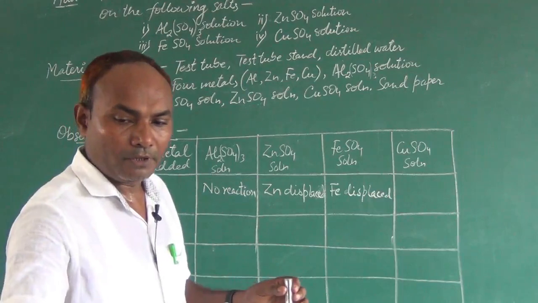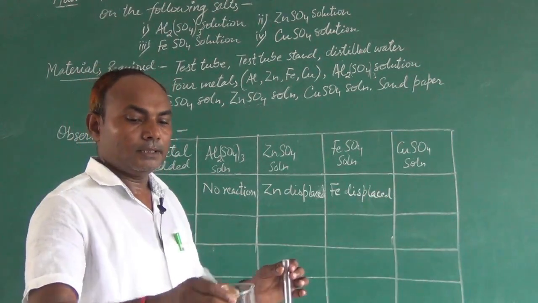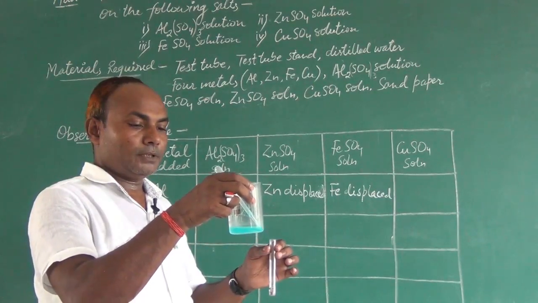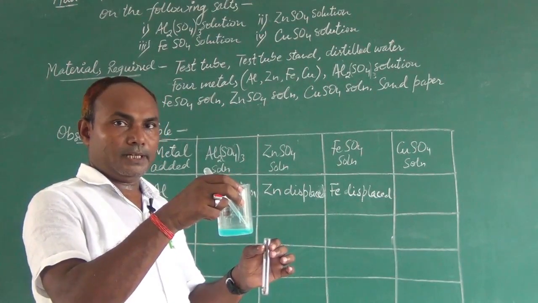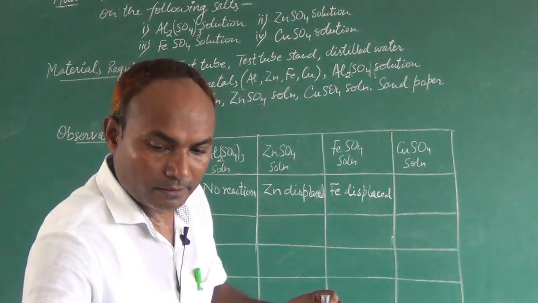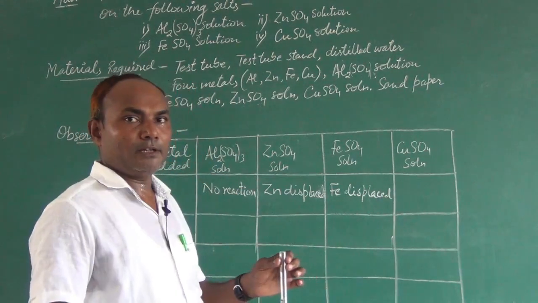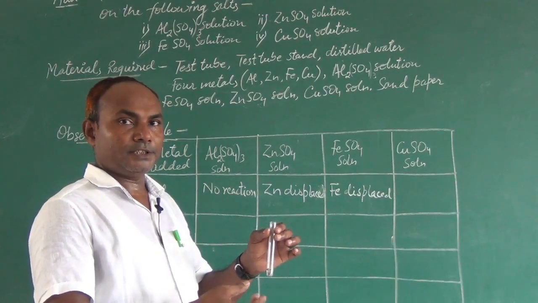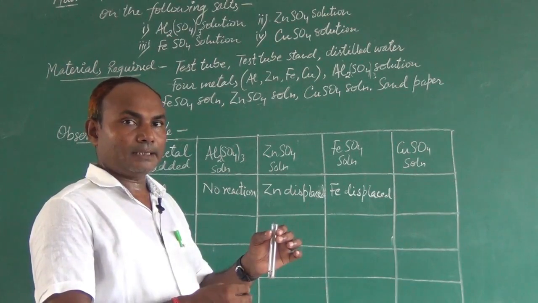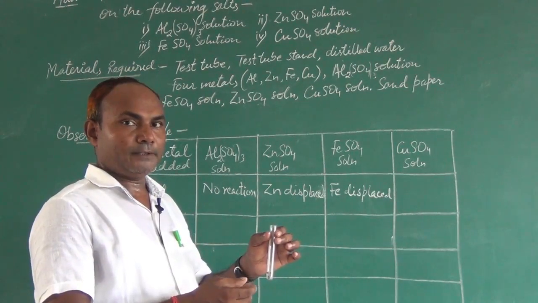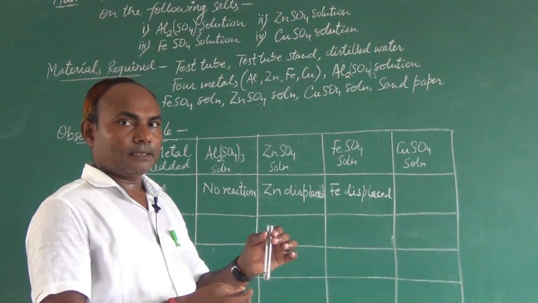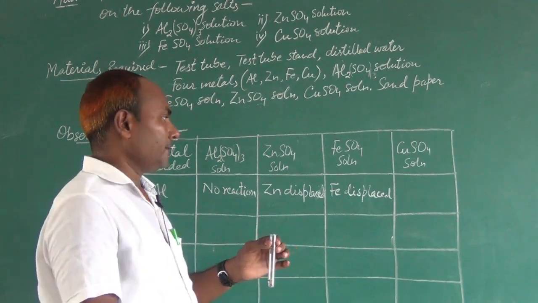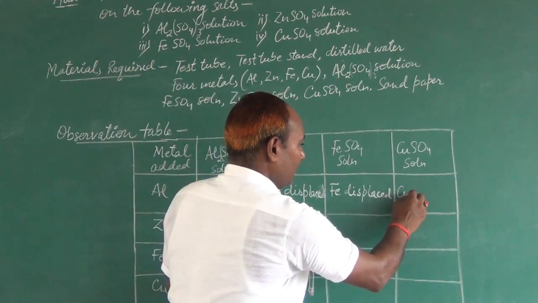If we observe the color of the salt solution, the copper sulfate solution is appearing blue in color, but when it reacts with aluminium, the color of copper sulfate solution changed, which tells us that the aluminium displaces copper from its salt solution, means copper displaced.